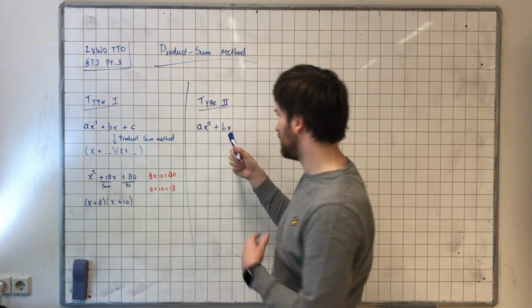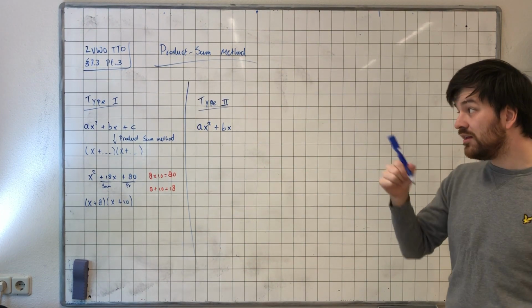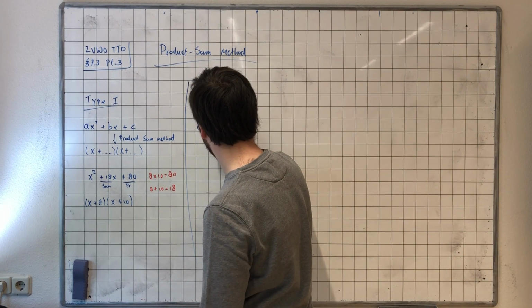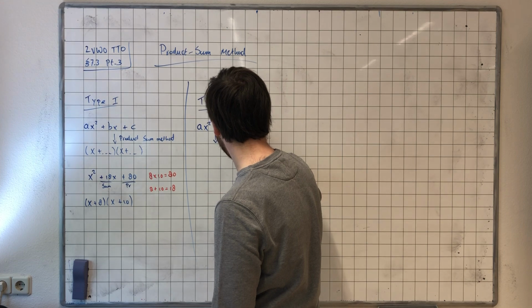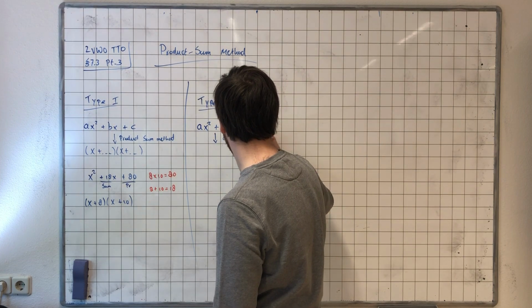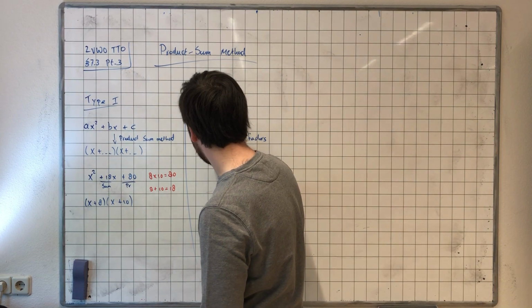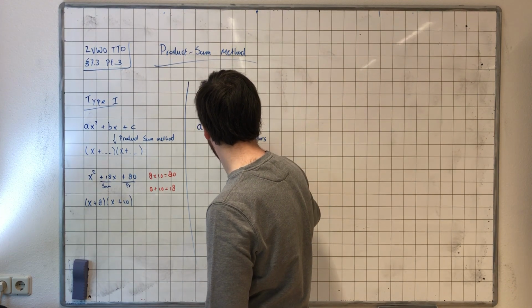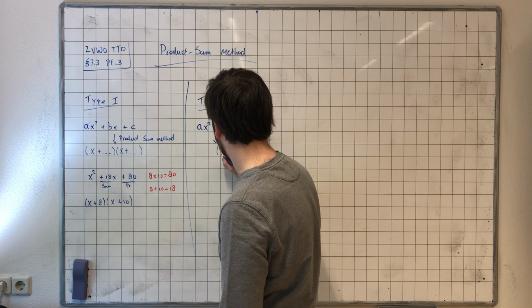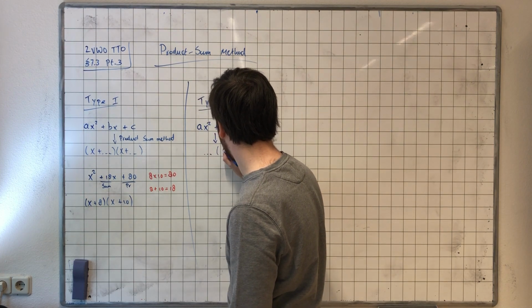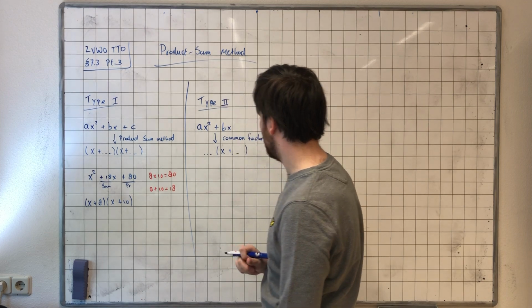So we have a square and something with x. When you have something like this, you're trying to find common factors, which means you usually have one pair of brackets, with something with x in front and something with x between the brackets.